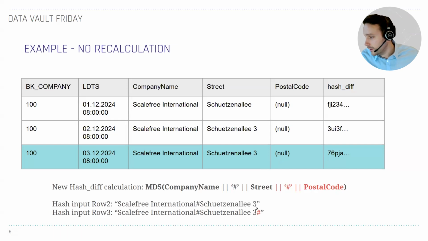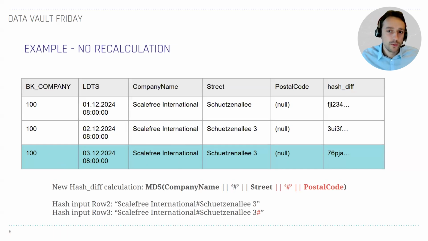But actually, the content of the data does not change. So for whatever reason, just the postal code is not present for this business key. So there's no difference in the descriptive attributes from the second row compared to the third row. But still, there's a new entry as the hash diff input changed. The input for the hash function changed.